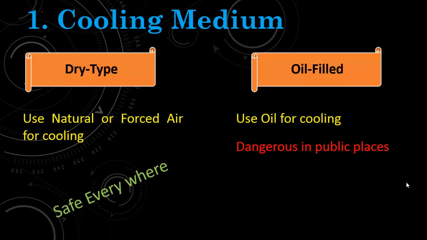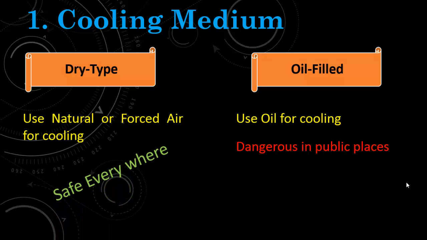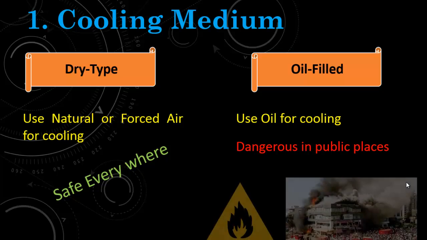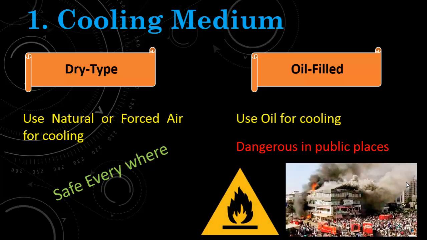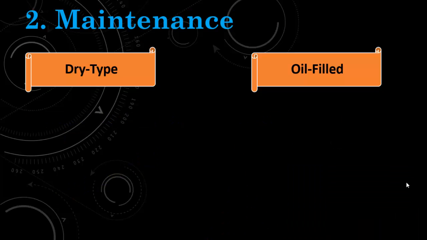Since the dry type do not use oil as a medium for cooling, therefore it is very safe to be installed everywhere. So we can say that the oil filled transformer is not suitable in the public place because of fire hazard. So let us discuss the another difference, which is the maintenance.